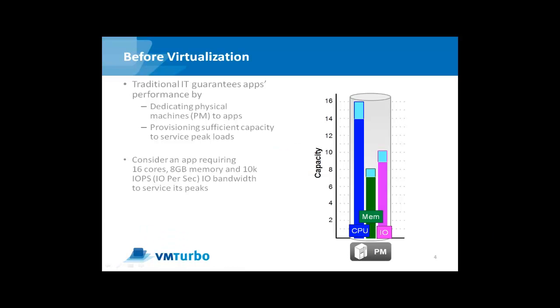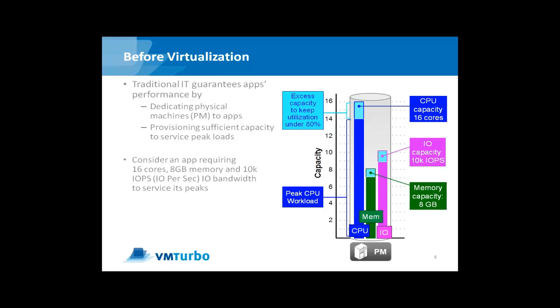So first, a little background on the problem. Before virtualization, in the traditional IT world, application performance was guaranteed by provisioning enough resources, dedicating a whole physical machine to the application, and giving it enough resources to service the peak load. So consider an application that, with some headroom, requires at peak 16 CPU cores, 8 gigs of RAM, 10K of I/O bandwidth to service the peaks.